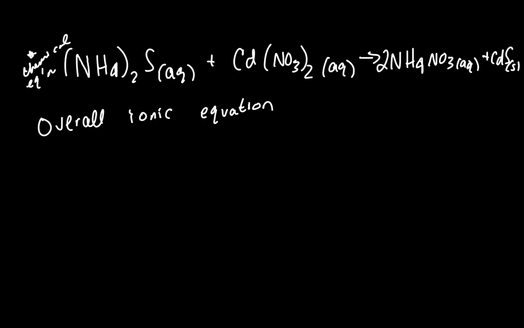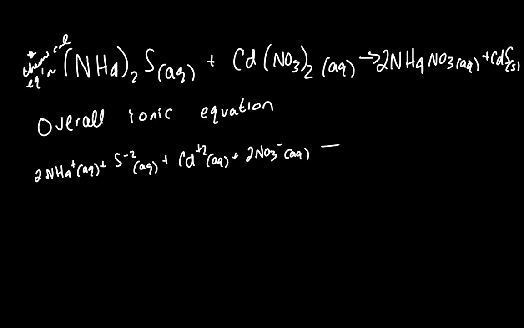You would have to take all of the aqueous things and separate out every single ion and have it balanced. So you would write 2 NH4+ (aq) plus S2- (aq) plus Cd2+ (aq) plus 2 NO3- (aq) yields 2 NH4+ (aq) plus 2 NO3- (aq) plus CdS (s).